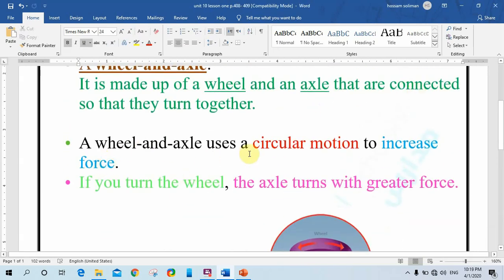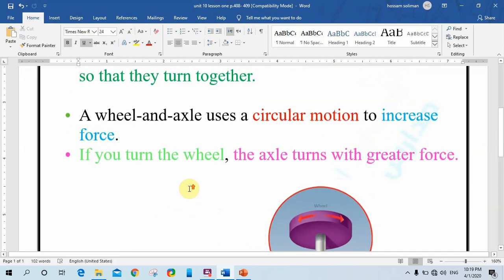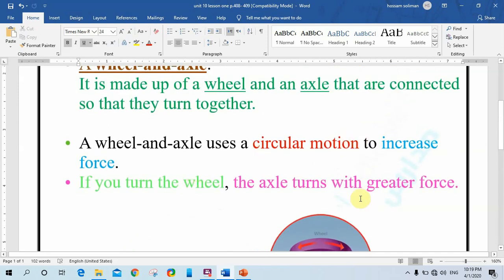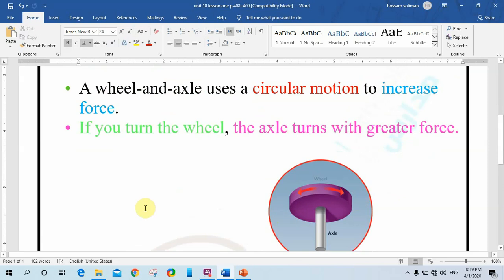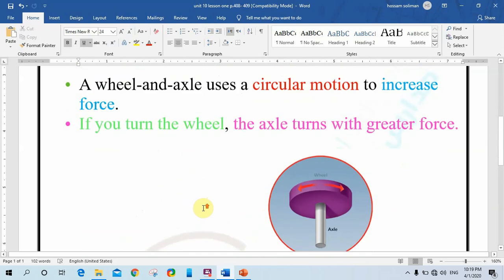A wheel and axle uses a circular motion, because the wheel is like a disc, so when it moves in a circular motion, the axle also moves in a circular motion. So when the wheel moves, the force increases in the axle.